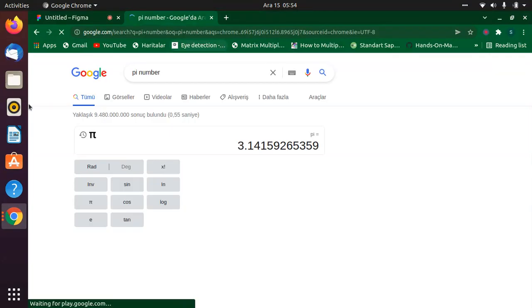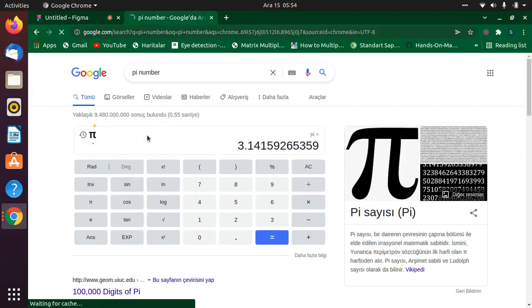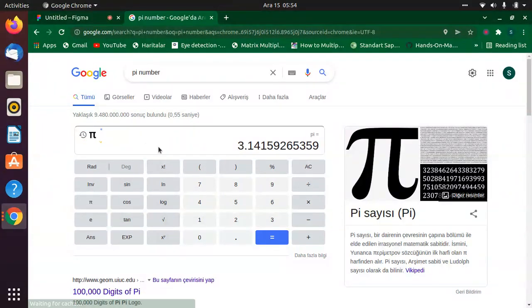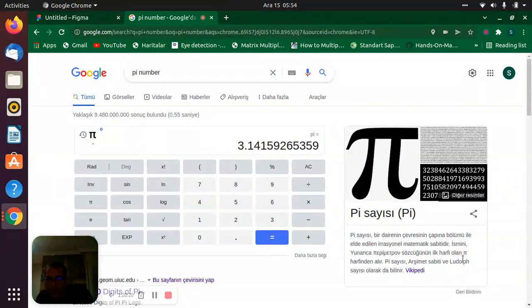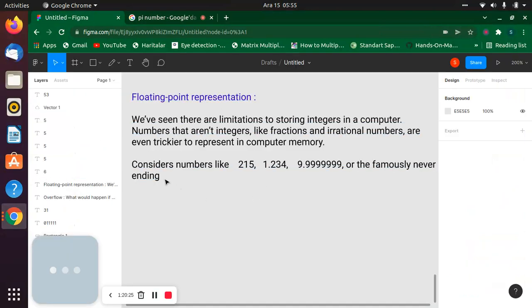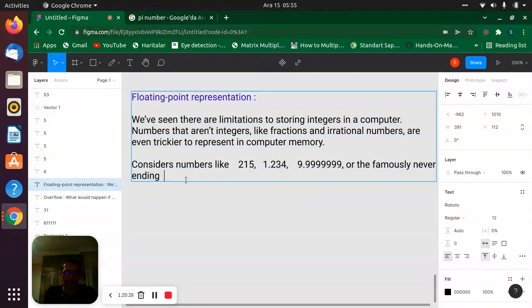Pi number, just say something like that, and I just want to tag this one here and add it there. So here it's just the number, there's no ending there. Where is our information? Yes, never-ending pi.